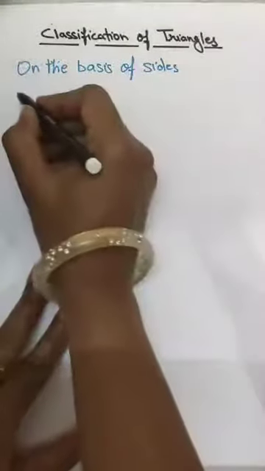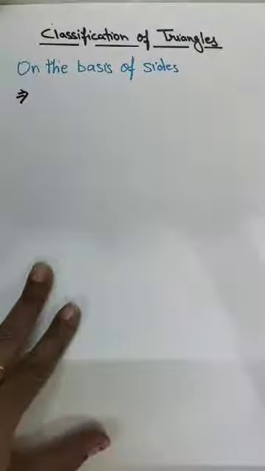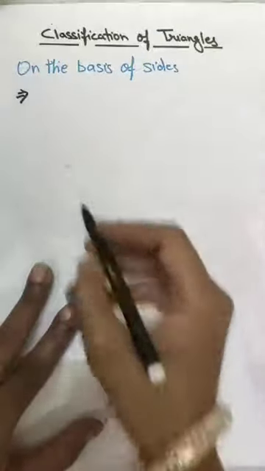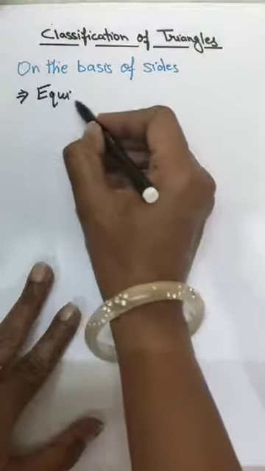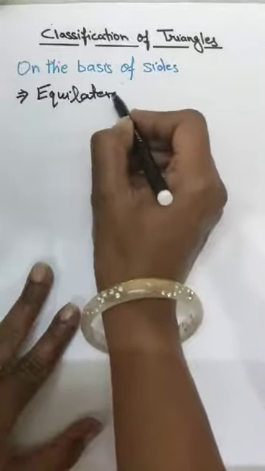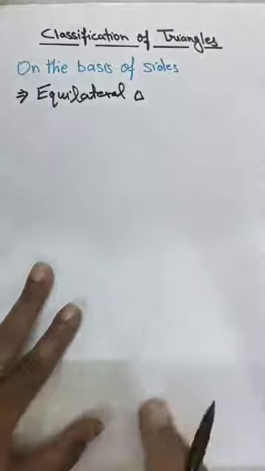Now our next topic is classification of triangles. We can classify triangles on the basis of sides and on the basis of angles. First of all, we will take on the basis of sides, when sides are given to us. The first is the equilateral triangle.